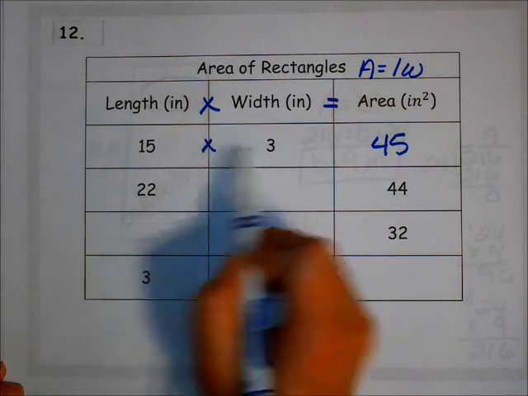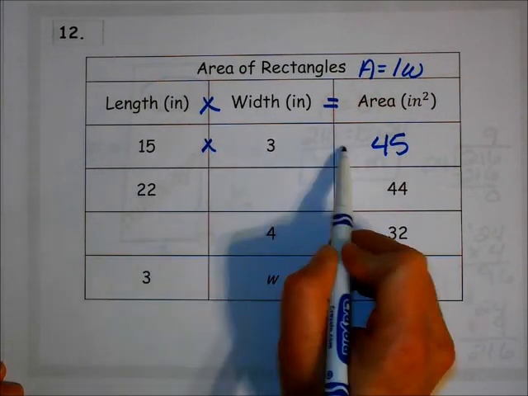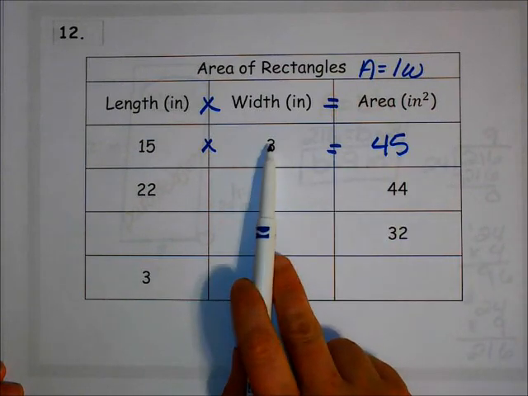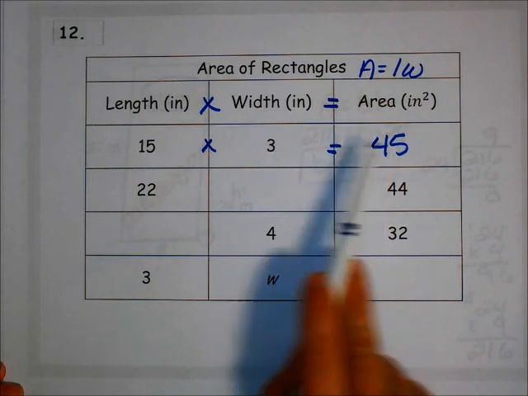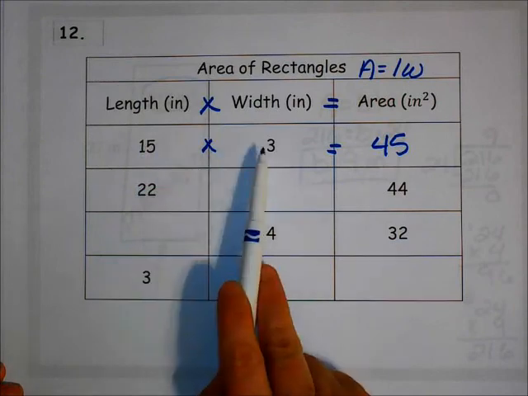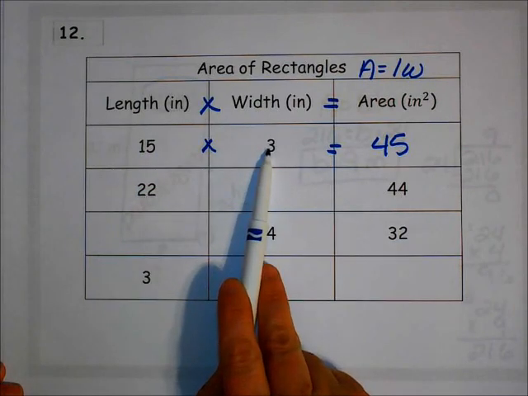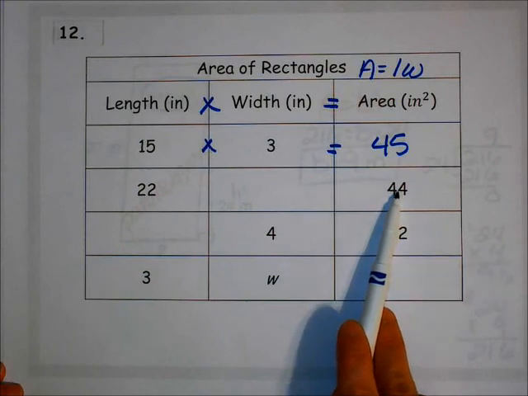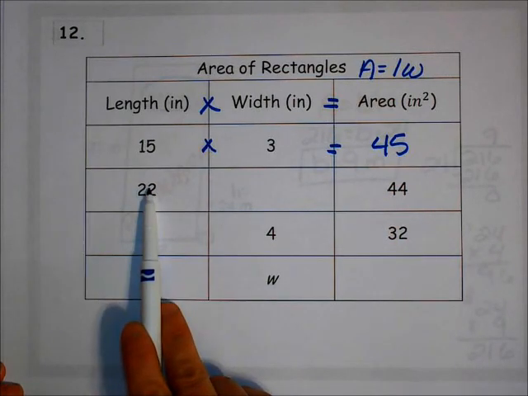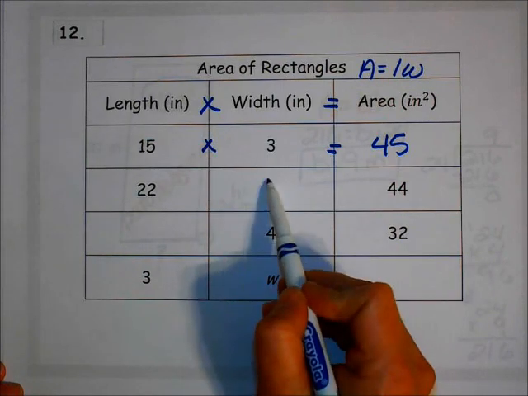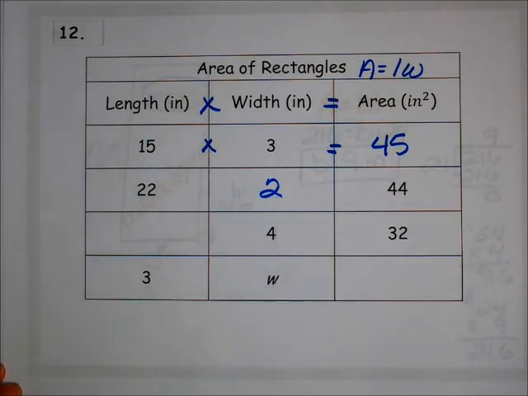So let's use our example here. We said 15 times 3 is 45. So let's figure out how we could work backwards. If I didn't know the 3, I could do the area, 45, divided by the length, 15, to equal 3. So to find the width on the second row, we can do the area, 44, divided by the length, 22. So that means the width of my rectangle is 2.